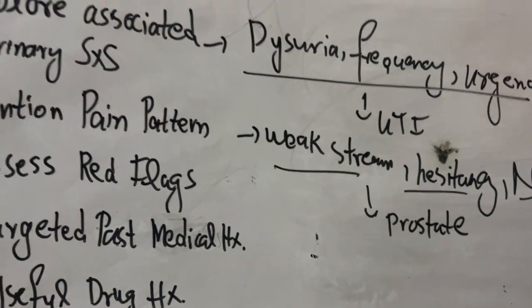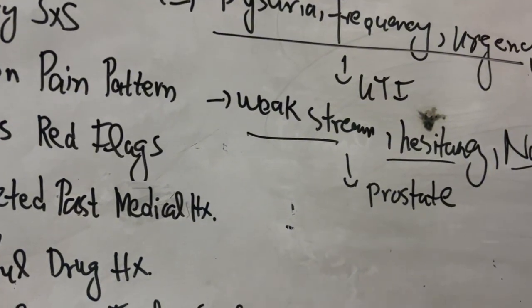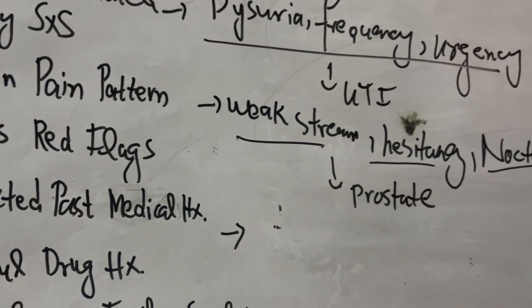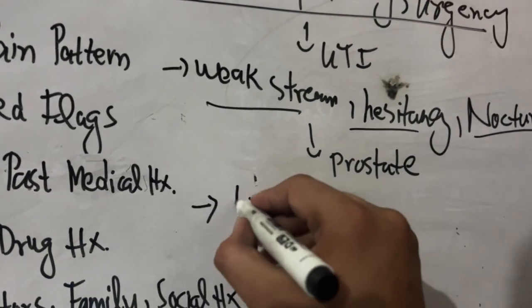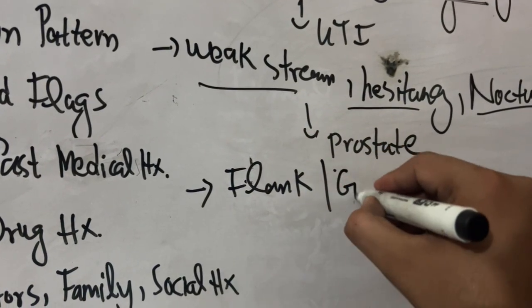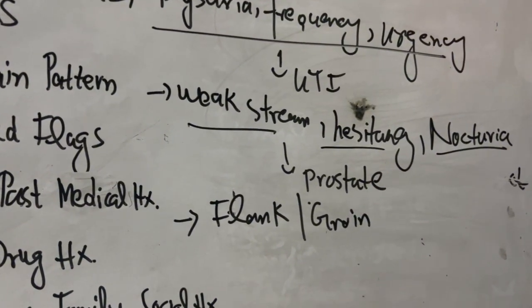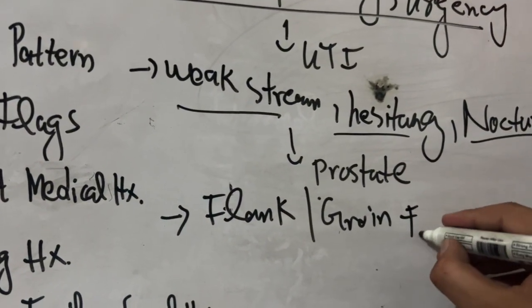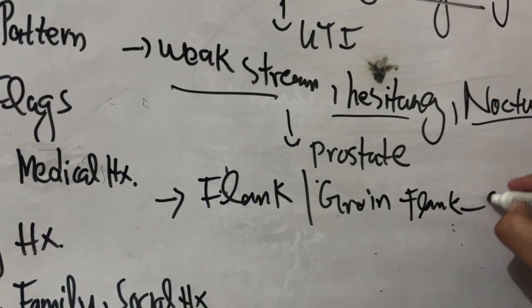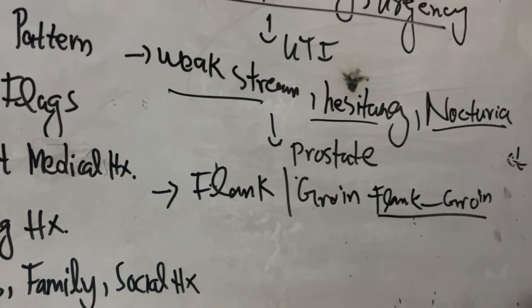Then in the urinary symptoms, we will also ask about flank or groin pain. If there is a pattern of flank to groin pain, then it will suggest ureteric stones, stones in the ureter.